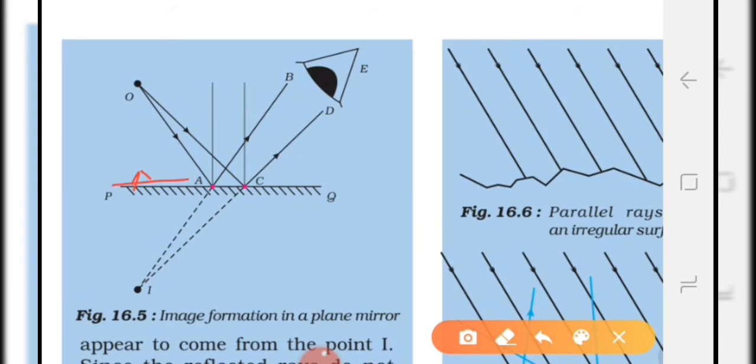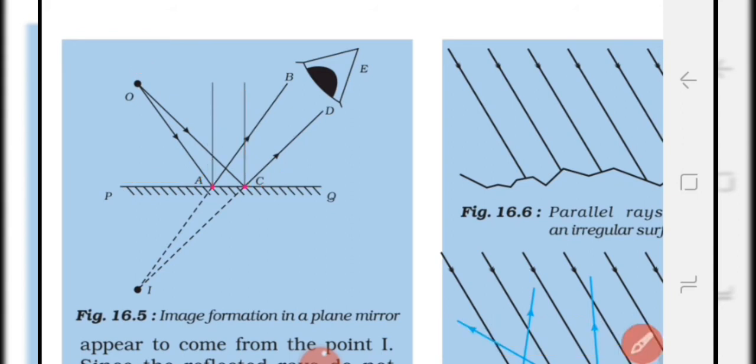O is the source of light. Then OA and OC are the incident rays. Okay, when both incident rays strike the surface of the plane mirror, they are reflected. Then here AB and CD are the reflected rays. Okay, students. And this is the normal for incident ray OA and this is the normal for incident ray OC.